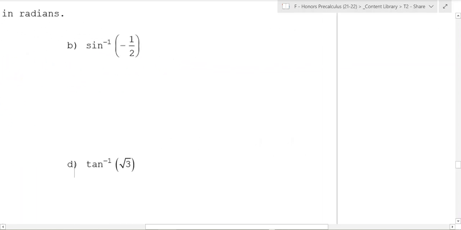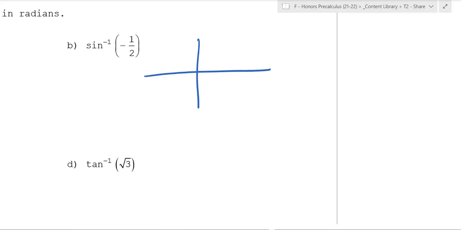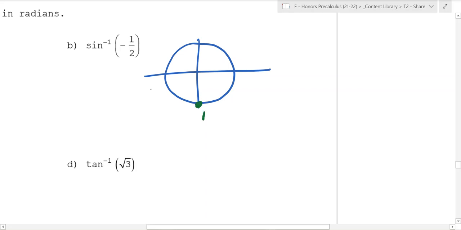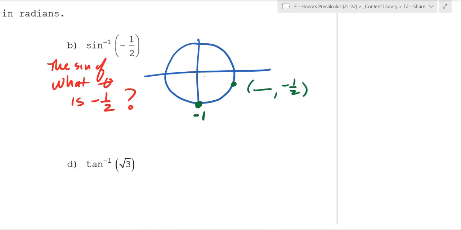Now what about -1/2? What angle has a sine of -1/2? So remember, sine is the y coordinate. If you have a circle here, the y value has to be -1/2, so you're trying to remember what angle this is right here so that the y value is -1/2.